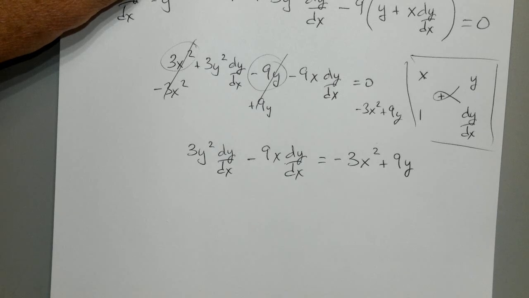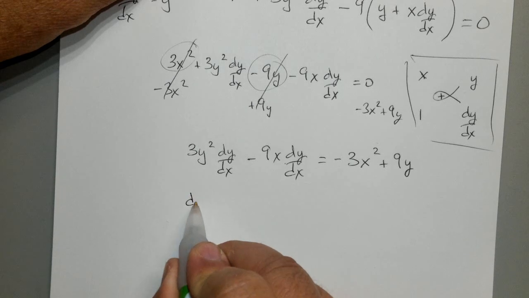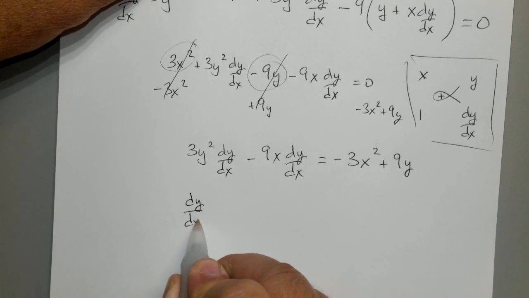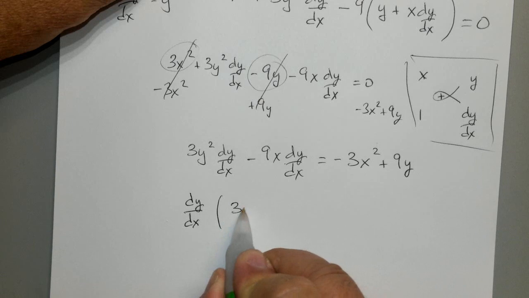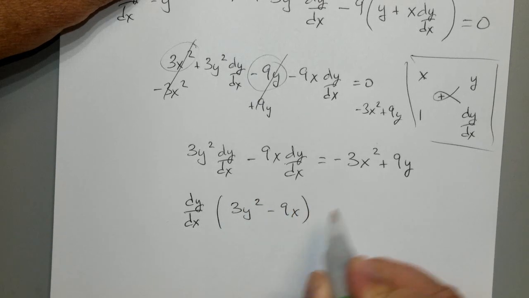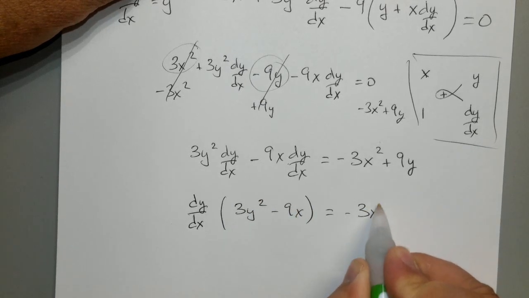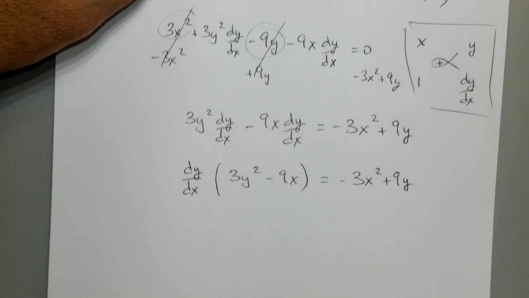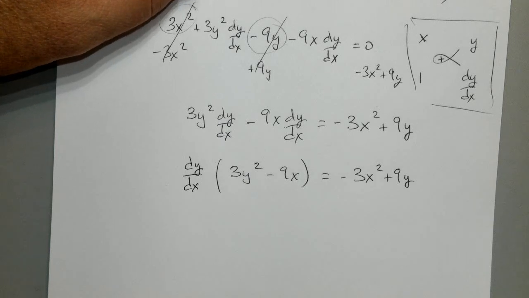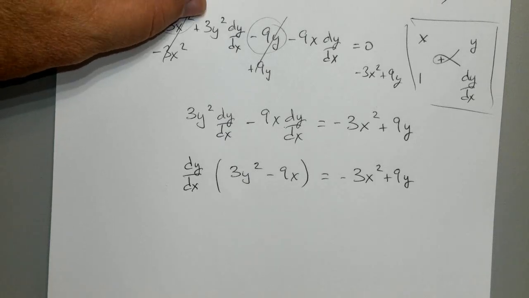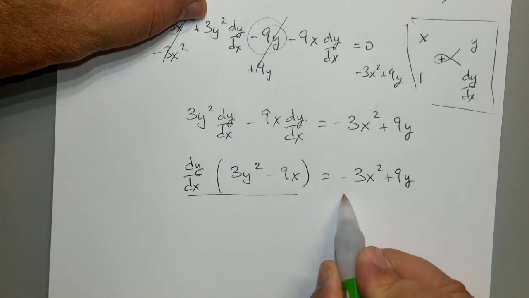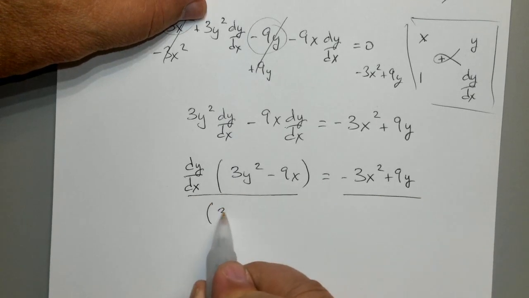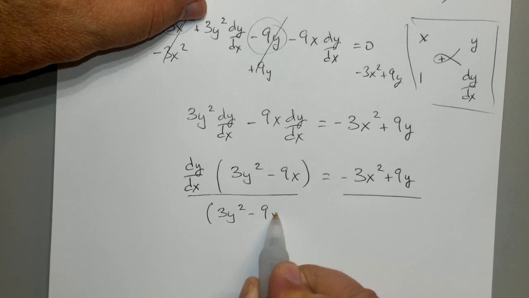Next up, factor out the dy/dx. Very good, because that's what we're looking for. 3y squared minus 9x. Divide both sides by 3y squared minus 9x.